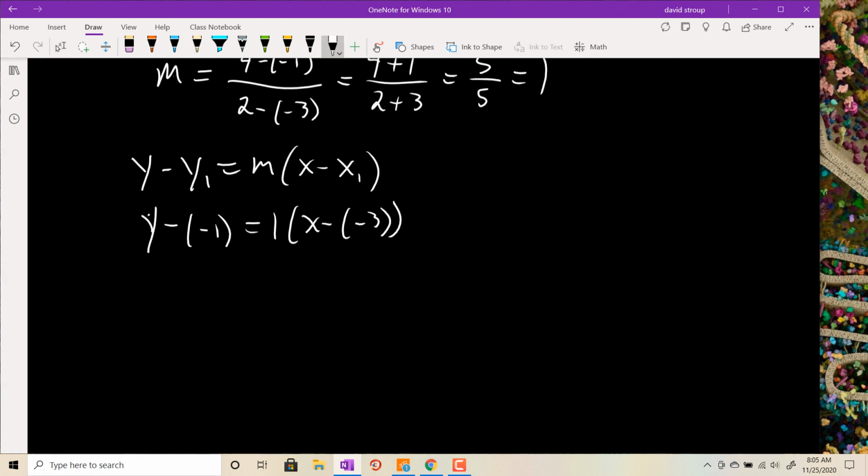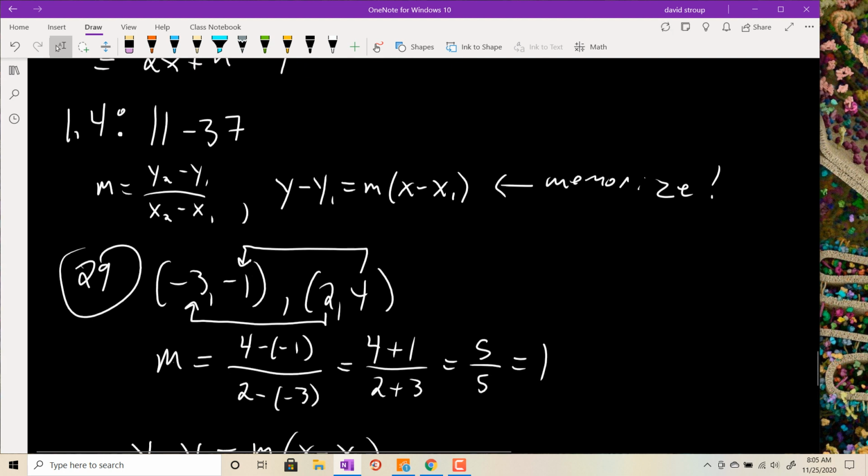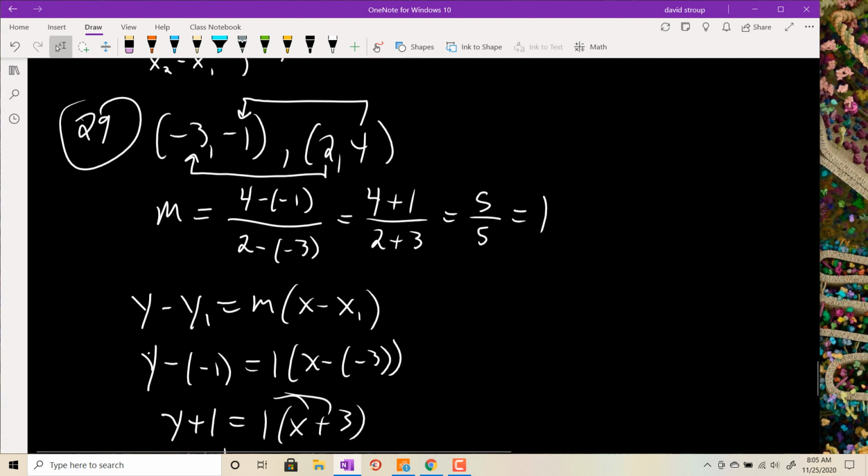So you got y plus 1 equals 1 times x plus 3. And you distribute the 1. Of course, you get x plus 3. And then move the 1 over. And you get your equation in the appropriate form. Okay, so that is 1.4.